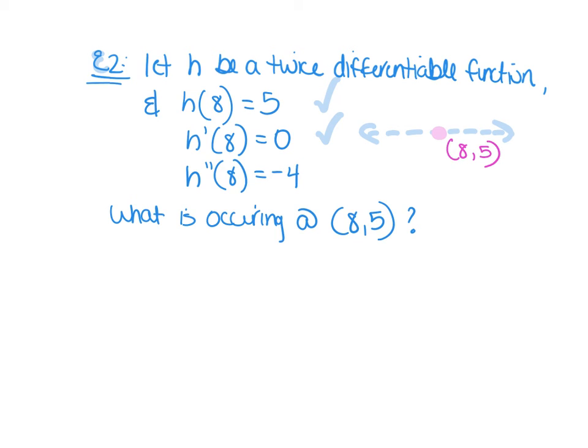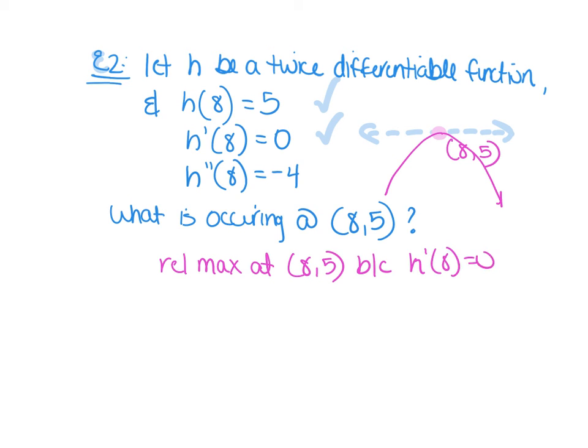Because our second derivative at 8 is negative, our function there must be concave down, which makes this a relative max. We know this because h prime of 8 equals 0 and h double prime of 8 is negative.